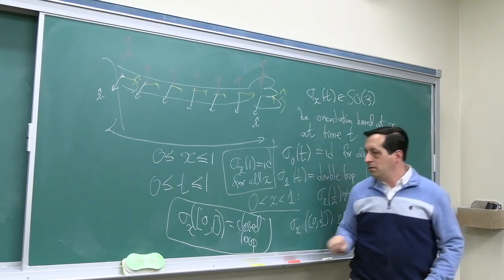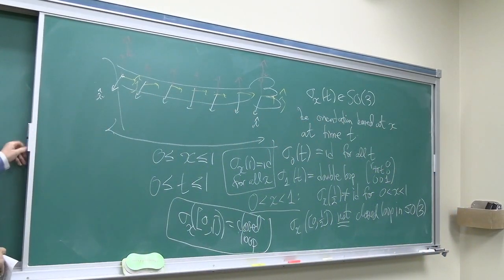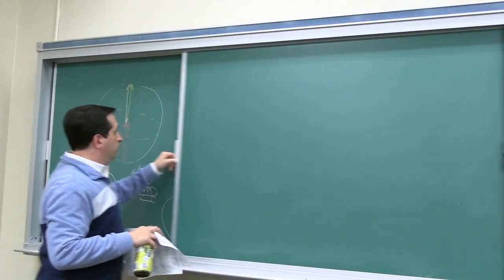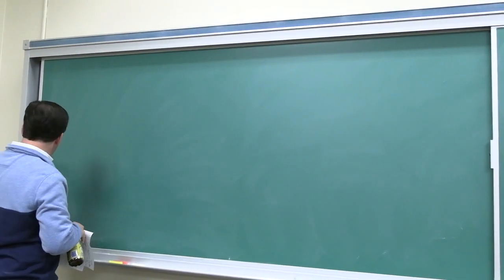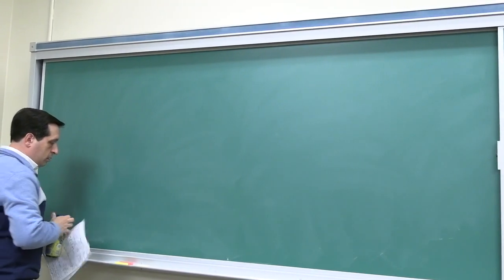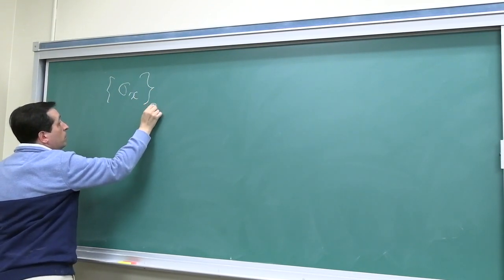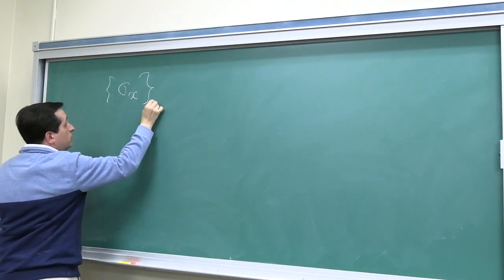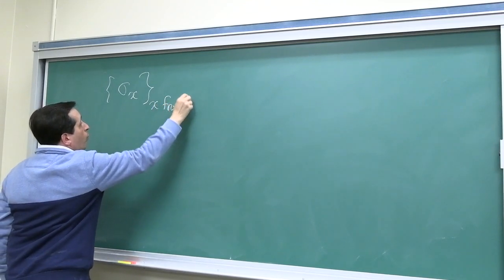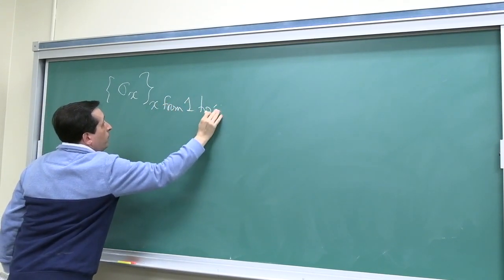So now let's look at each point of my arm. So let's consider the collection as x goes from 1 to 0.